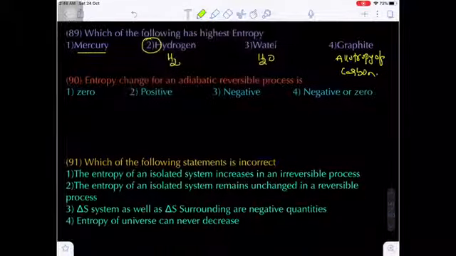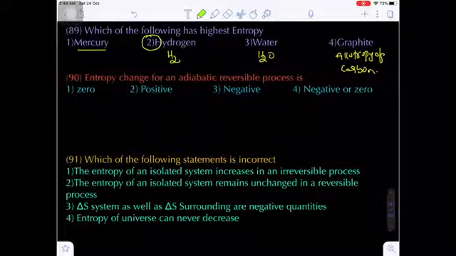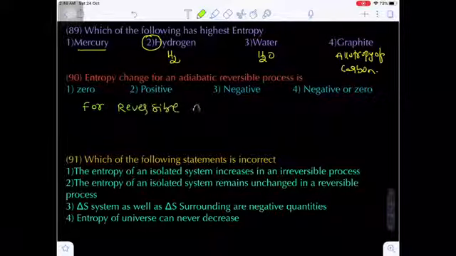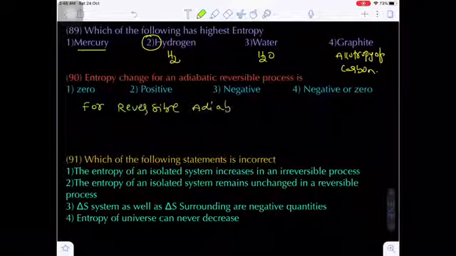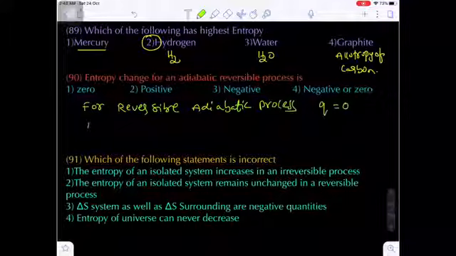Next, question number 90. Entropy change for the reversible adiabatic process is? What is the definition of an adiabatic process? No heat exchange between system and surrounding. So Q value is 0.